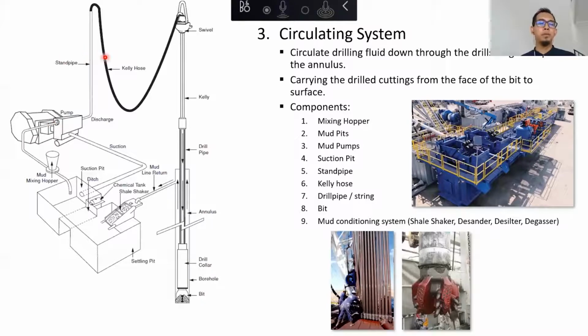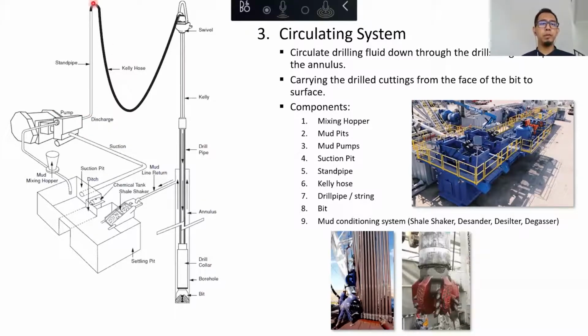The standpipe picture here is a little bit minimalist, but in actual, the standpipe is like a network of piping where you can change from standpipe 1 to standpipe 2, or the other way around, and a lot of valves are involved in there. But basically, the purpose of the standpipe is to connect the fluid from the mud pump to the Kelly hose.